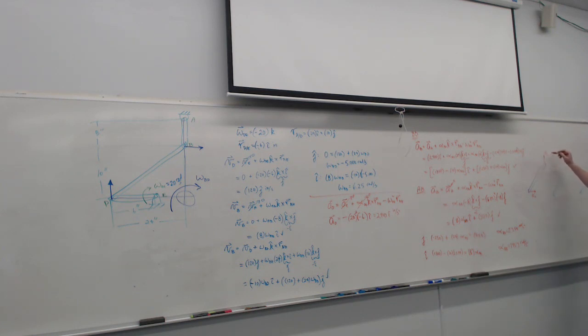This is the acceleration of B in the Y direction, which is also equal to the acceleration of B with respect to A in the normal direction, which is omega AB squared L AB. So the only thing we had to do for this is find out what that had to be.